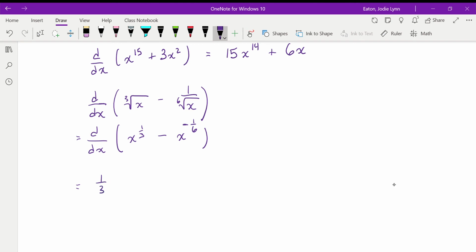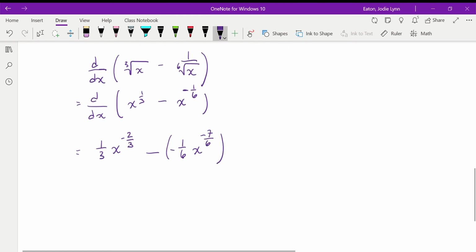So we get 1/3 x to the 1/3 take away 1, which is negative 2/3, minus negative 1/6 times, so we're going to multiply by a negative 1/6. If you have a negative power and you're bringing it down, you do multiply by that negative. So that's negative 1/6 times x to the negative 1/6 minus 1, which is equal to negative 7/6.